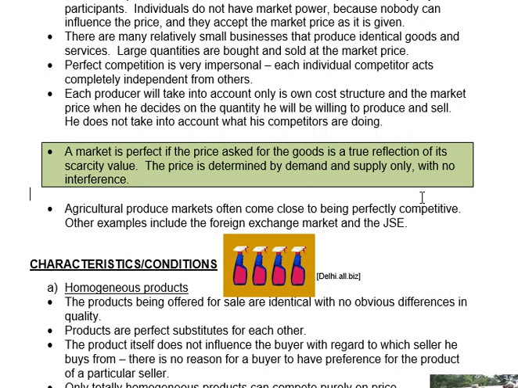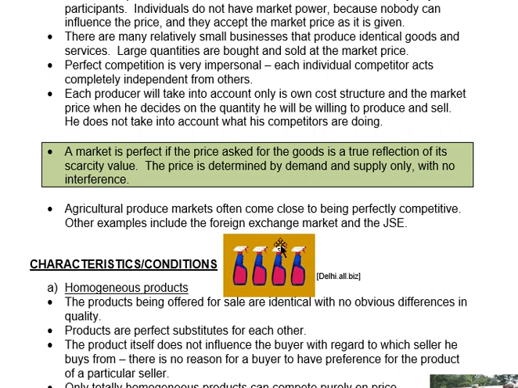We want to compare with what we think is perfect so that we can identify the shortcomings of the real market structures. If you are asked to give examples of perfect markets, as I said, in reality they don't exist, but the markets that come very close to being perfect are the agricultural produce market, so the fresh produce markets.